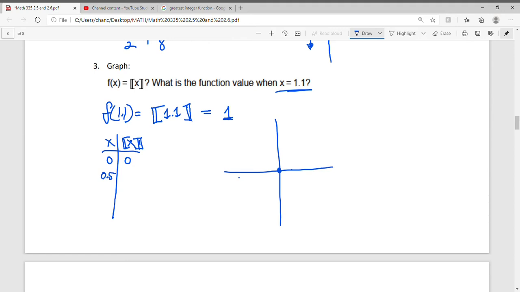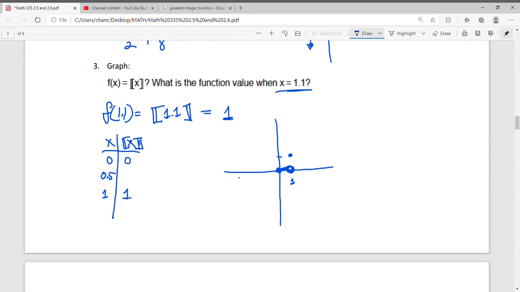And if I go up to 1, it's going to be 1. So at 1, it's actually going to be at 1. But anything between it, it's going to be 0. So from 0 up to 1, but not including 1, it's going to be 0 as the greatest integer.